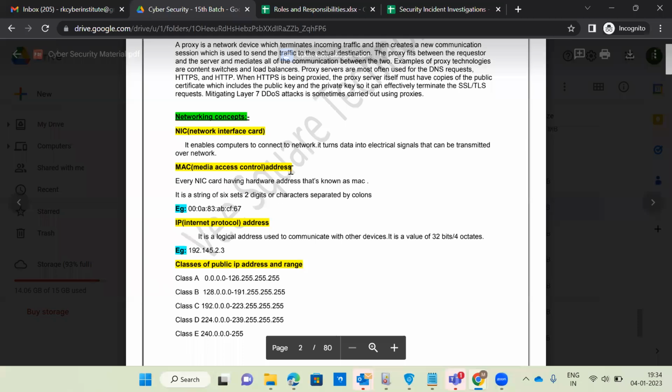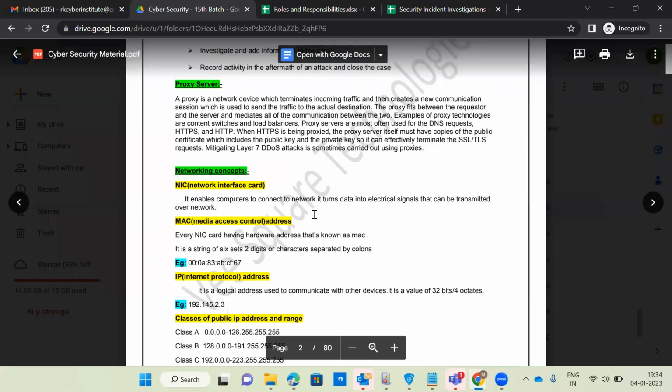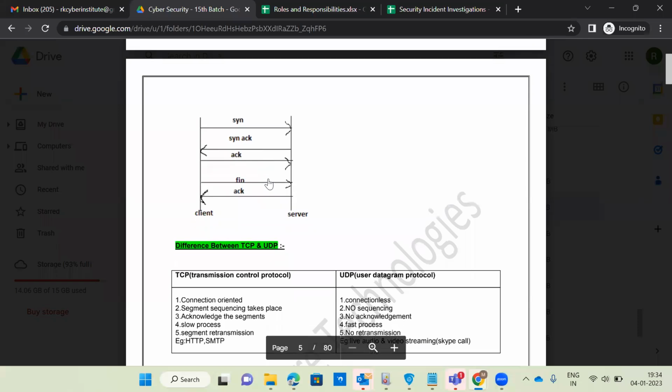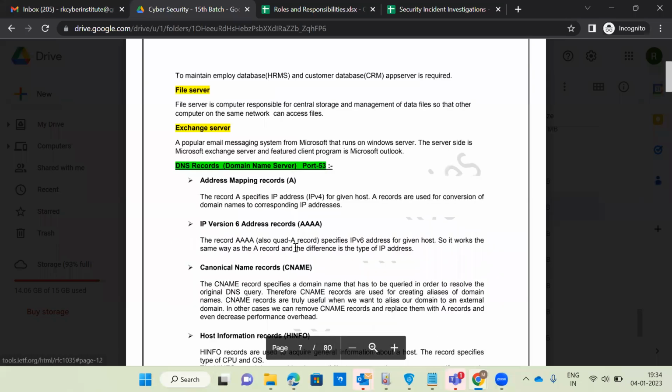Next, TCP/IP packet, OSI layers, TCP three-way handshake, difference between TCP and UDP, router and switch, and what is a DNS server and other servers as well. TCP three-way handshake, all these commands.